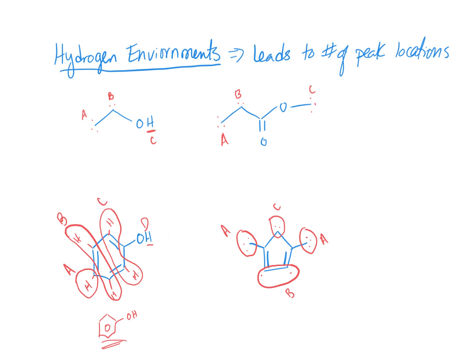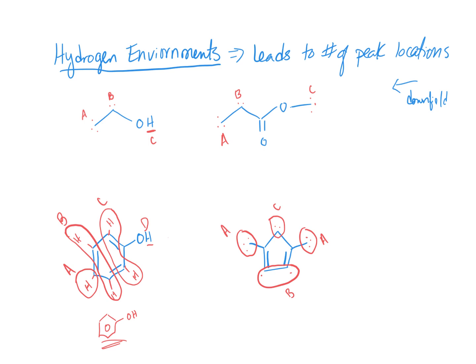So, in general, hydrogens that are closer to something that's electronegative are more downfield. Remember, downfield is that way. And if you're not next to something that is electronegative, you will shift further upfield, or closer to 0.